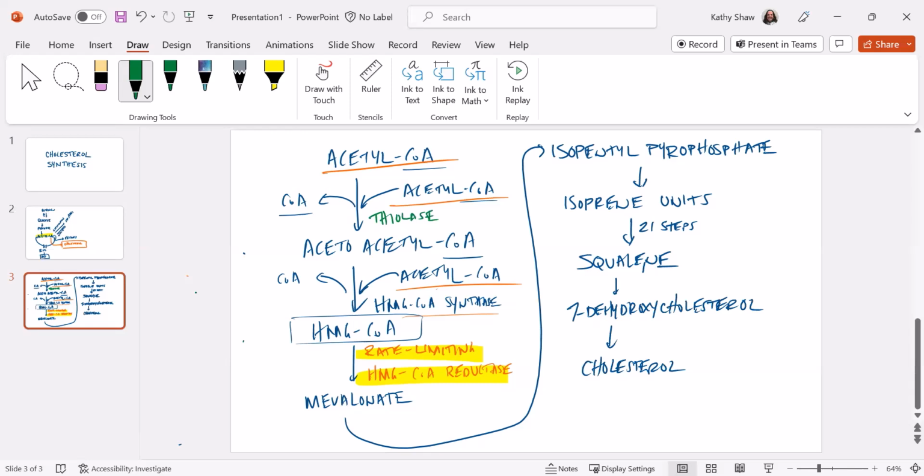So we've got our cholesterol now, and we'll talk about it in other videos, what we're going to do with it. But there's a number of directions we can go. It's part of your cell membranes. That story will be about putting cholesterol in with the phospholipids in a cell membrane.